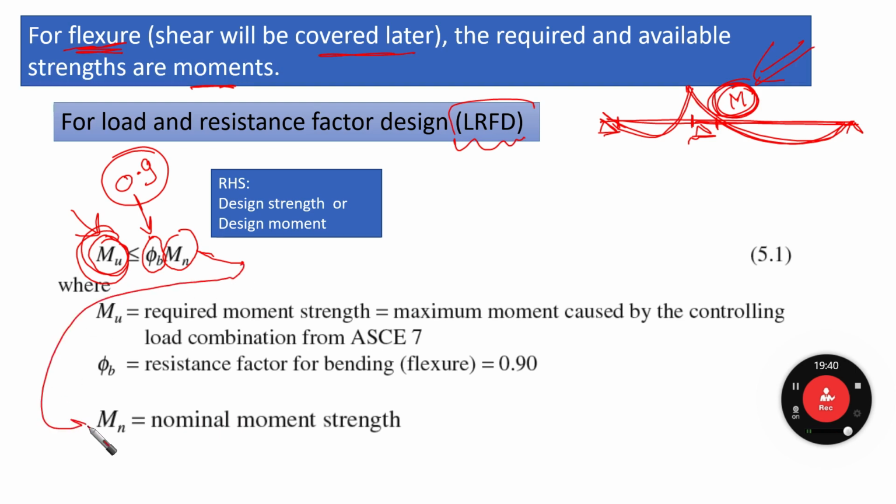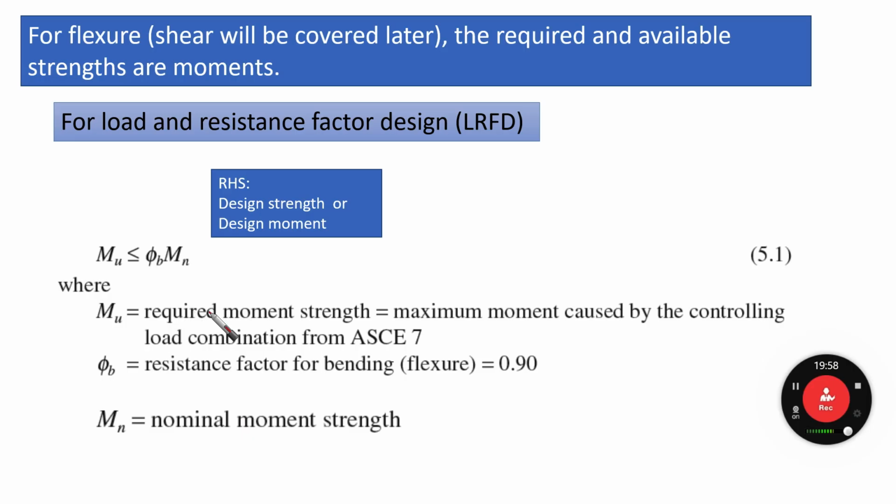Already we are going to give the explanation here of the nominal moment strength. So this is the simple equation that we want to take into consideration. The right-hand side, phi b times Mn, we call it design strength or design moment.